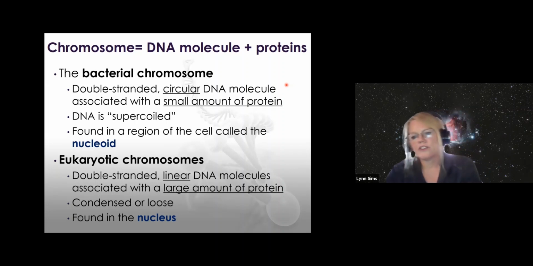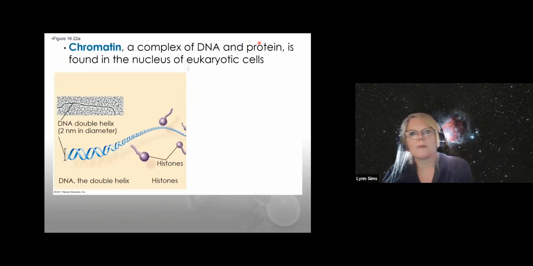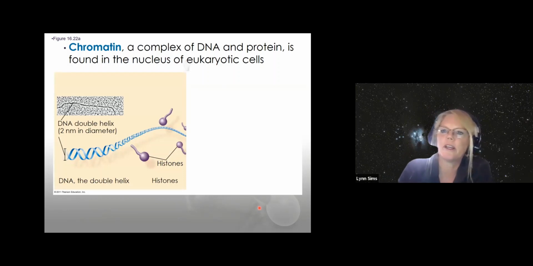Now, let's expand upon that. We're going to talk about the chromatin. Remember, chromatin, as I described, is a complex of DNA and protein. And this is typically described as eukaryotic chromosomes because eukaryotic chromosomes are associated with a lot more protein than the prokaryotic chromosomes.